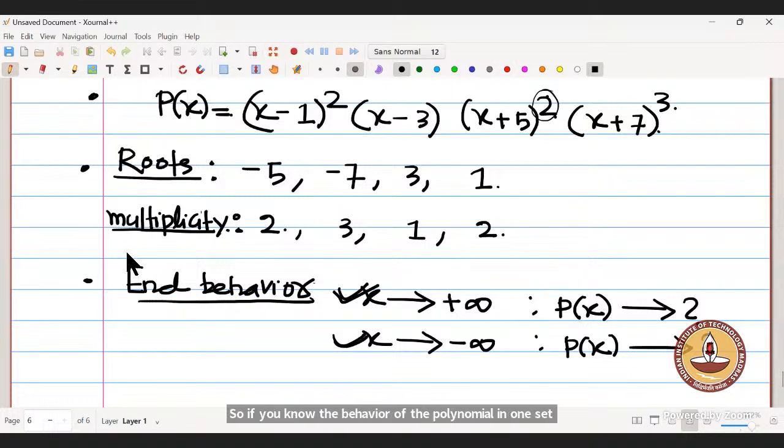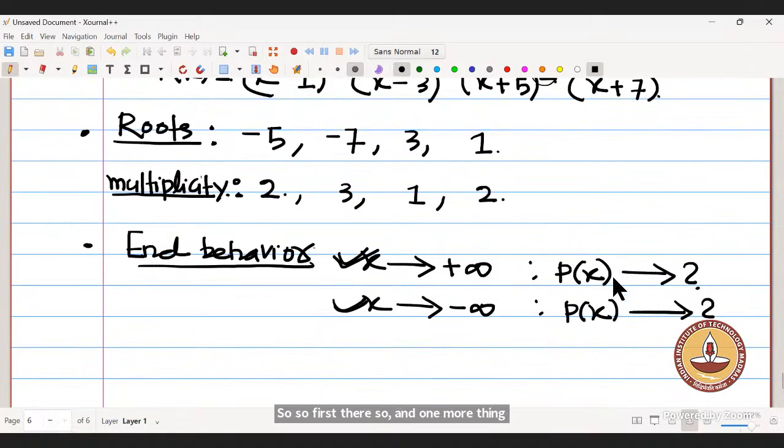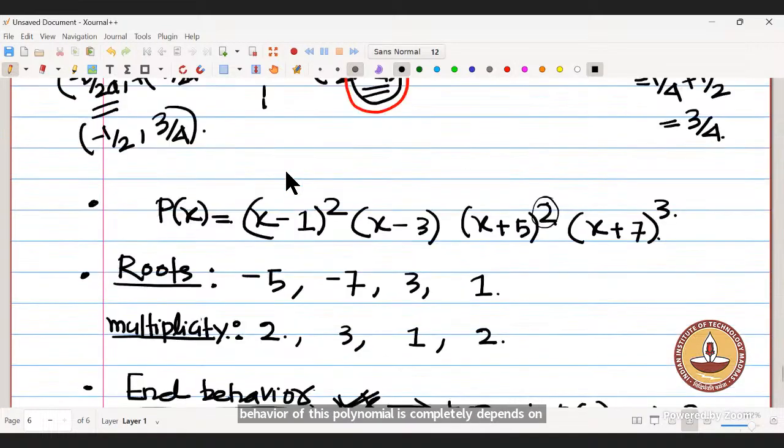One more thing: the end behavior of this polynomial completely depends on the end behavior of the leading term of the polynomial. So what is the leading term of this polynomial?